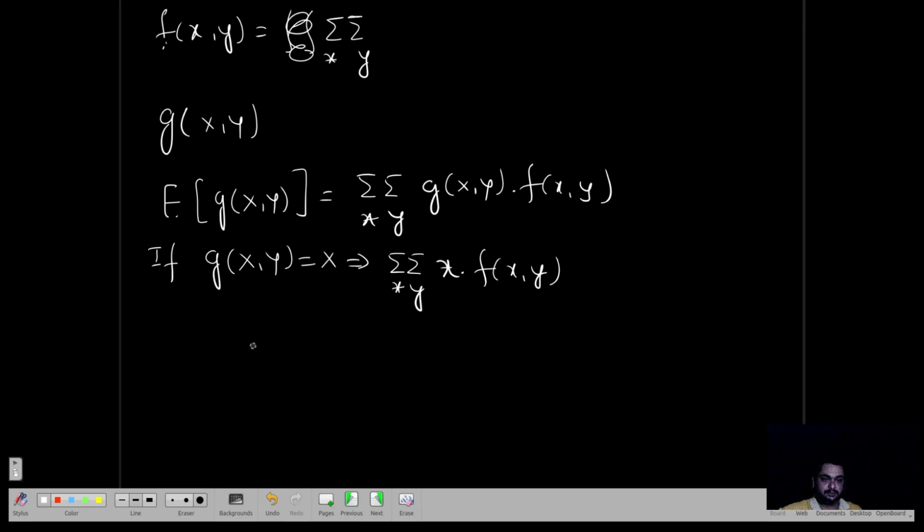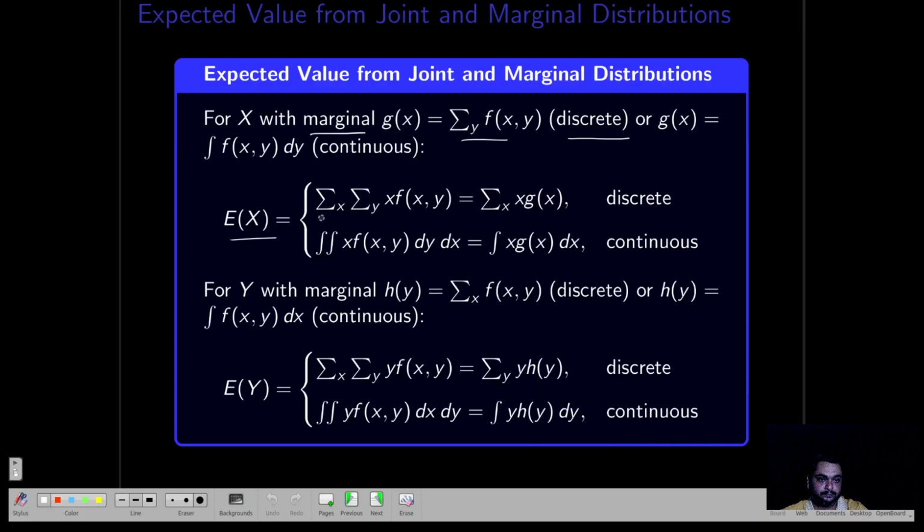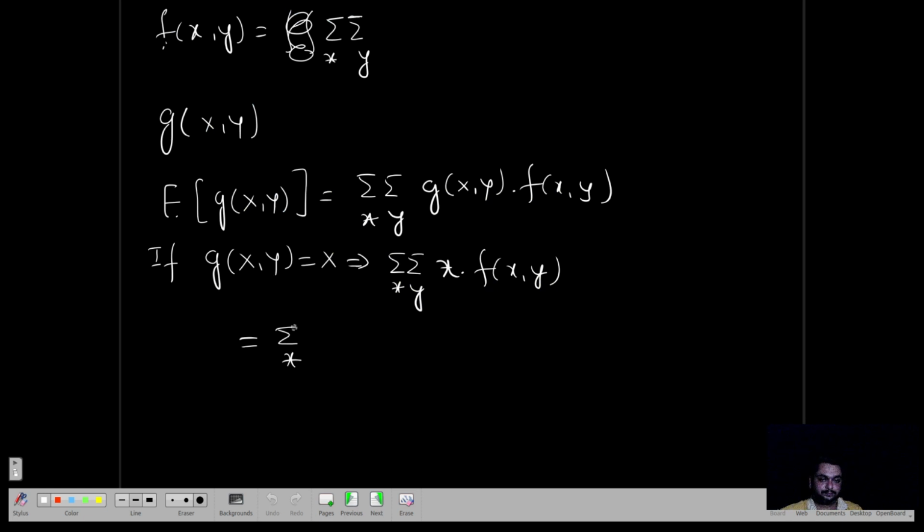Let us further simplify this. Summation of x, x, and then we'll put summation of y, f of x comma y. See, what is this actually?